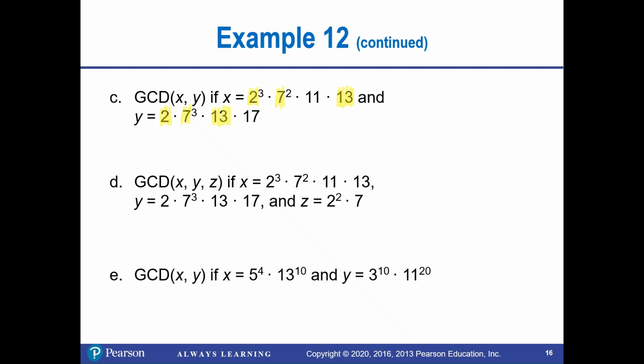Then I'm going to look for the lowest exponents between the common factors. So the lowest exponent for 2 is actually a kind of secret 1, right? I have 2 to the first power in my y. When I look at 7, the lowest exponent I have is 2, and again, I have a hidden exponent of 1 in both my 13s, so I would use 1 as the smallest exponent there.